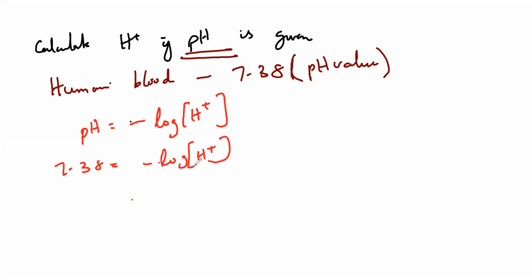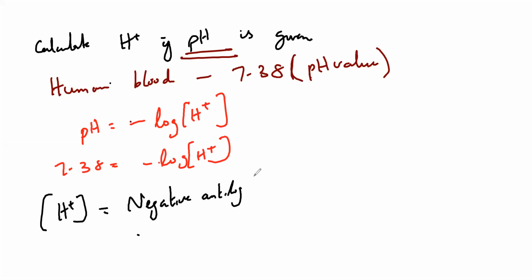So again we have to calculate H plus from this. So H plus is nothing but negative antilog. Again I'm writing it down in words because the main purpose for us is to make sure that this is in our memory, not to show my mathematical expertise in this. So it's negative antilog of what? 7.38.